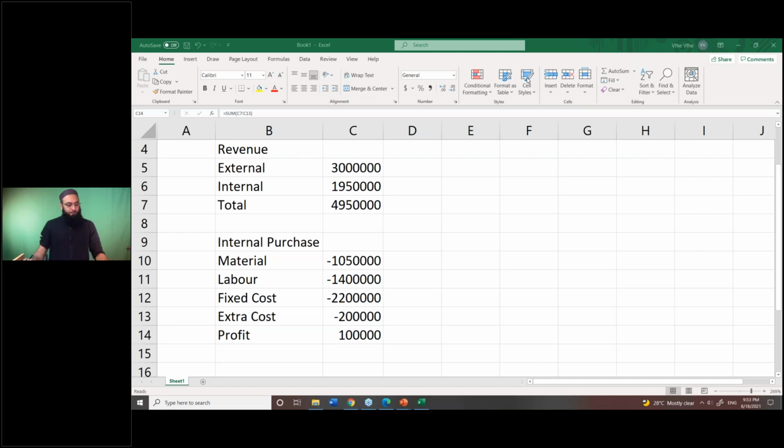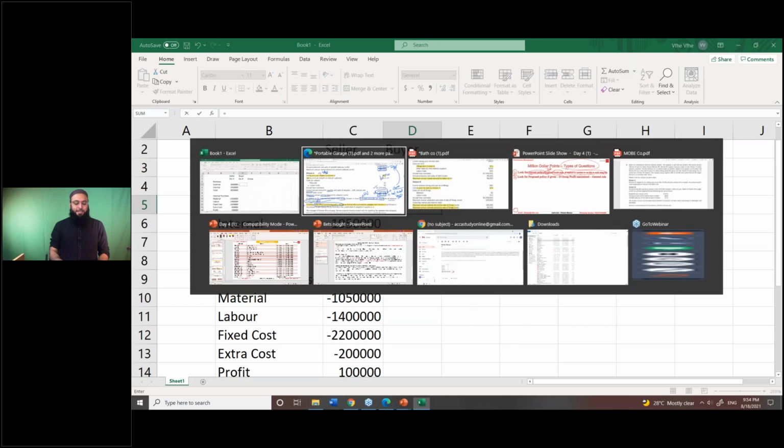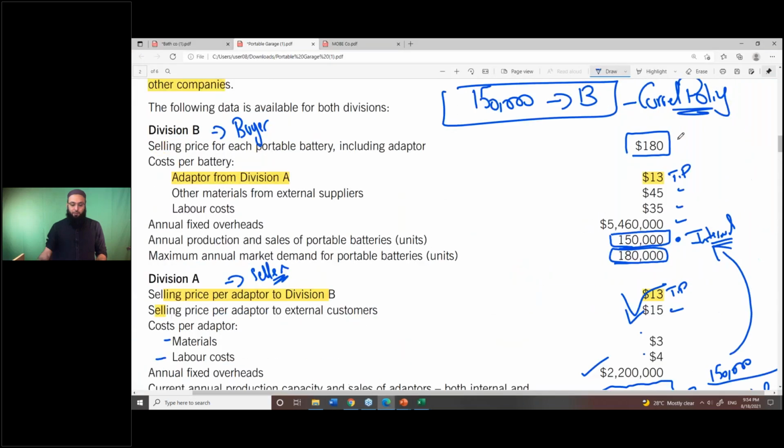Now, second, the next one. And what's the next one? The profit for the other division. Okay. B. B only sells in the external market. And how much? For 180 and sells only 150.